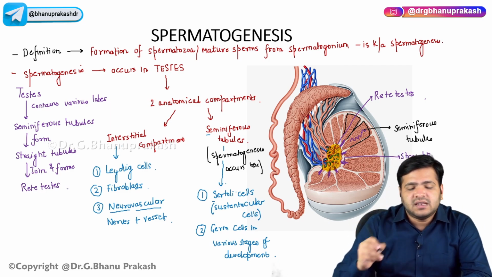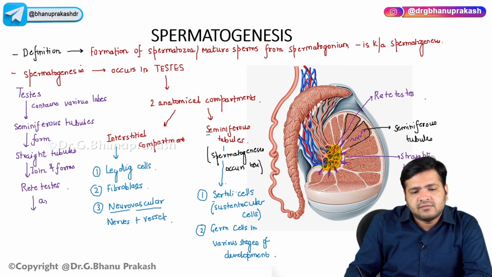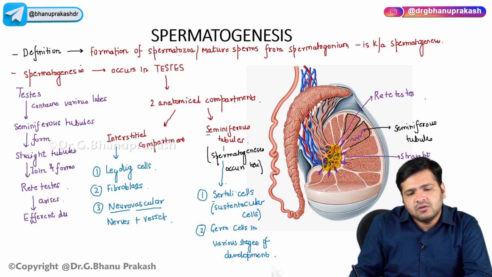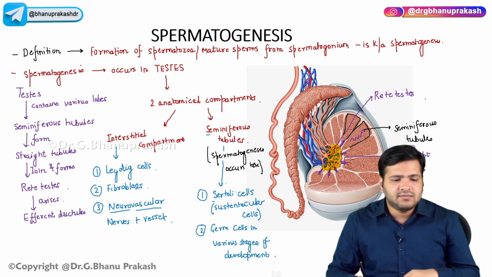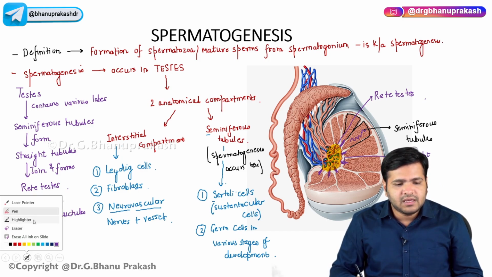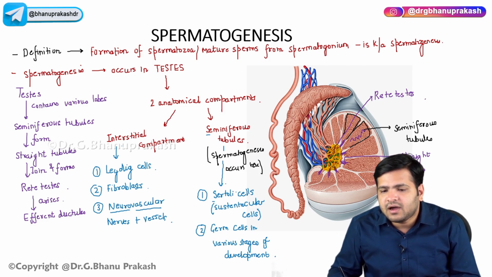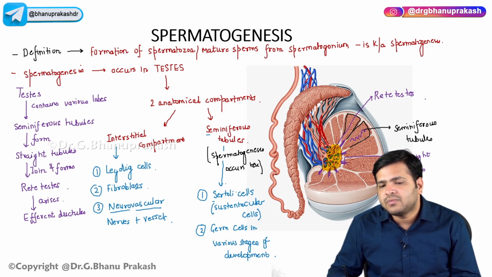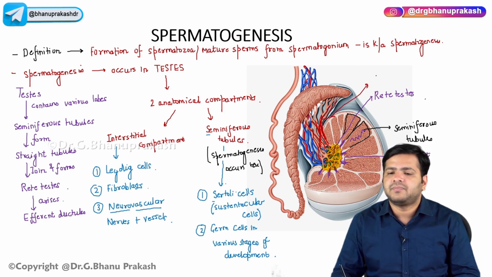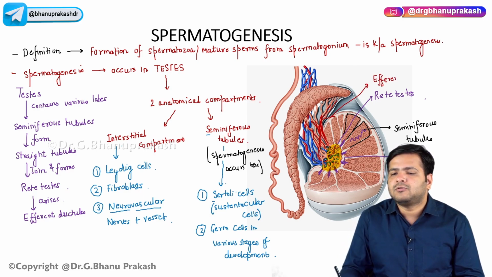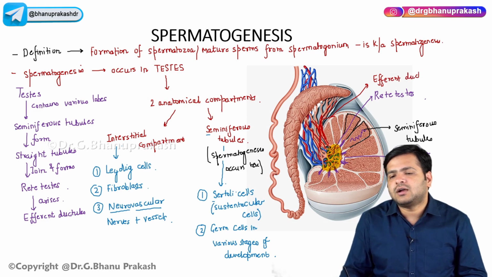From the rete testis arise the efferent ductules. If you can clearly see, the ones I am marking with red color are the efferent ductules, these long cord-like projections.